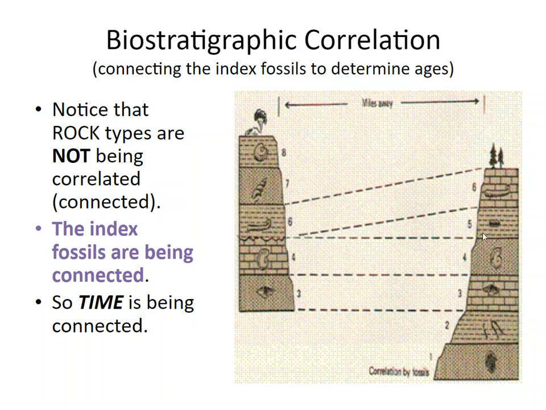There's a gap because we have this rock layer here and it's not present over here. And then we have this limestone with this clamshell type thing, or snail. And then over here we have it as well, but the rock types are different. So once again, this is time, not rocks, that are being connected. Okay, that's called an index fossil. It tells you the age of the rocks.